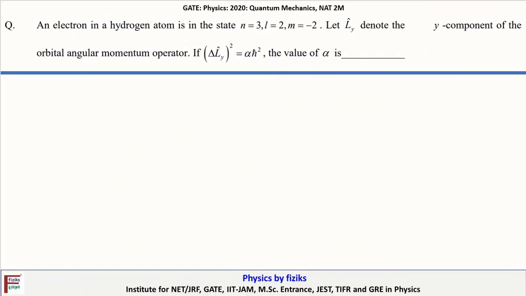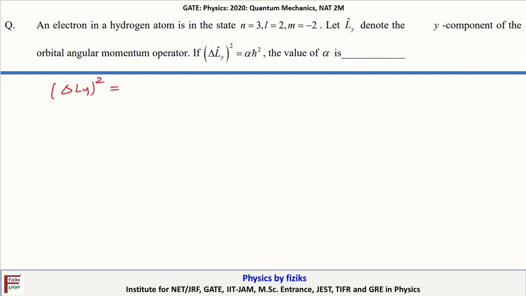In this problem, an electron in a hydrogen atom is in a state n equals 3, l equals 2, m equals minus 2. Now Ly denotes the y component of the angular momentum operator. The question is asking for the uncertainty in Ly.